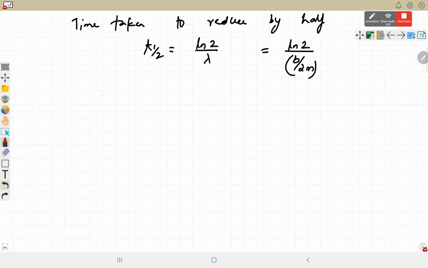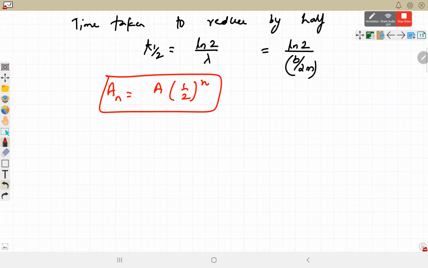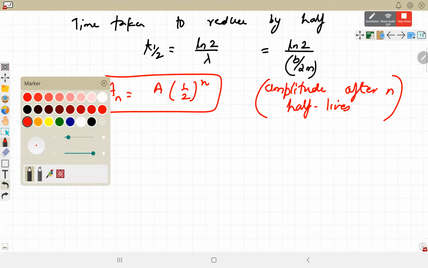Amplitude after n half lives will be a into half to the power n. Amplitude after n half-lives is a into half to the power n, right?